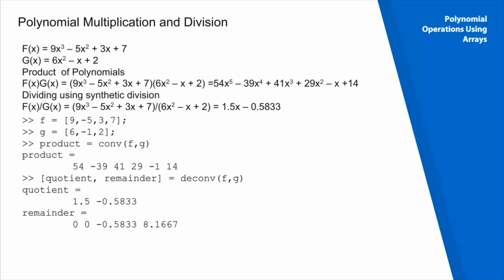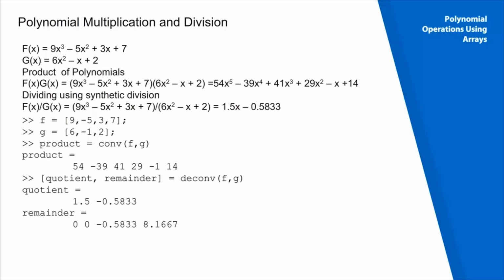We can divide f(x) by g(x), and we'll get something like 1.5x minus 0.5833. Now to write MATLAB code for the same, we will define a vector f with coefficients 9, minus 5, 3 and 7 for f(x). Then we will define a vector g for g(x) with coefficients 6, minus 1 and 2.